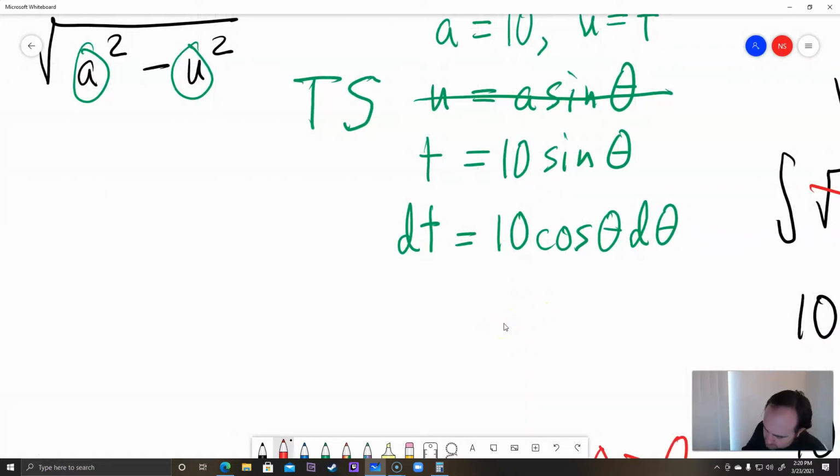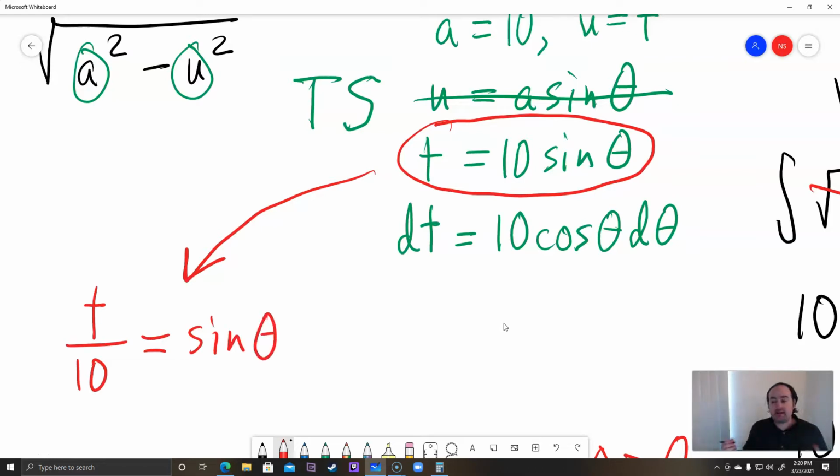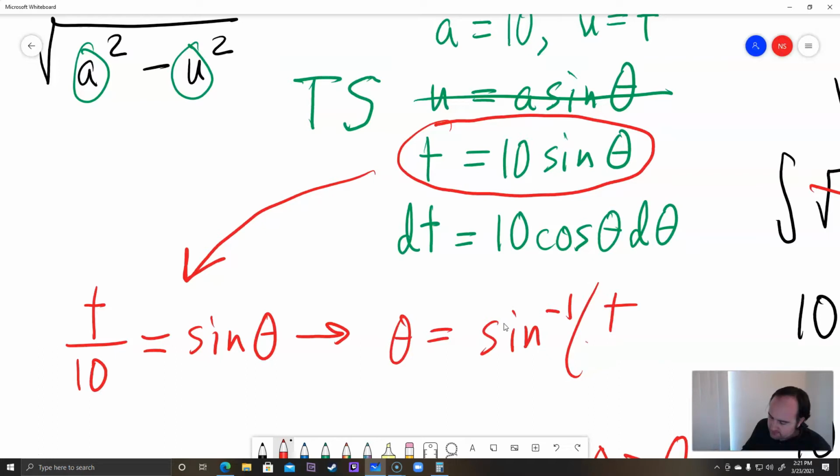If we divide both sides by 10, we get t over 10 equals sine of theta. And then if I apply sine inverse to both sides, I get theta equals sine inverse of t over 10.